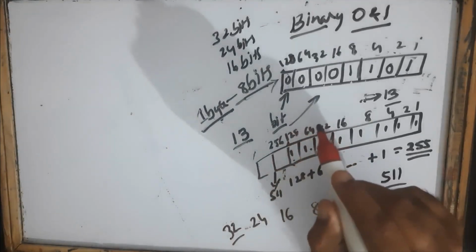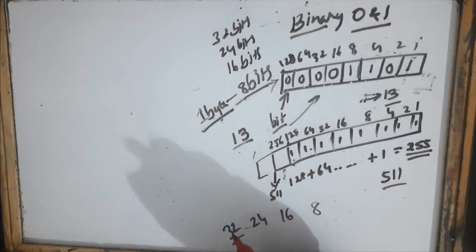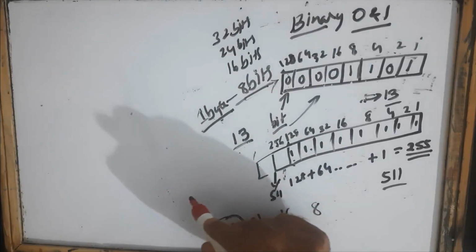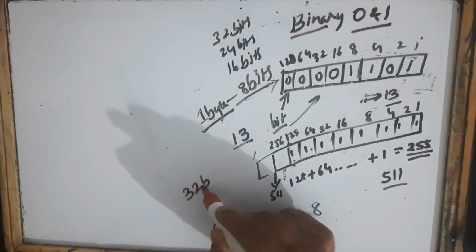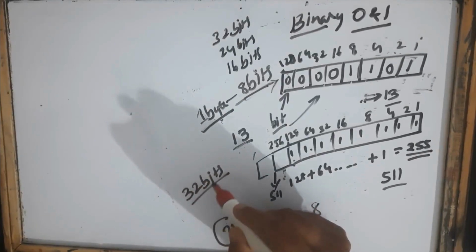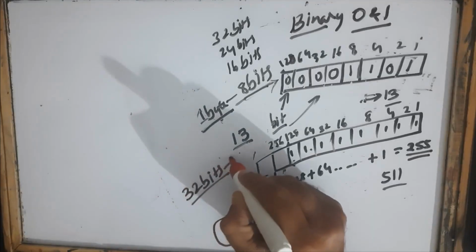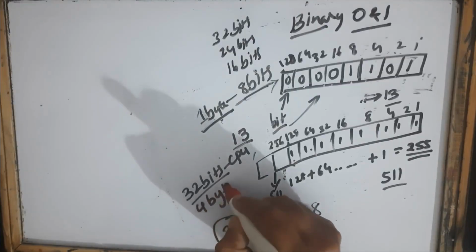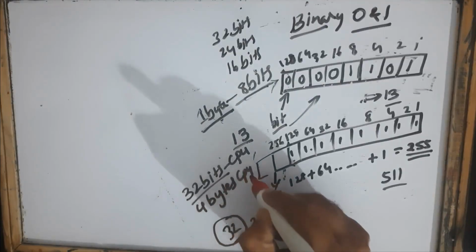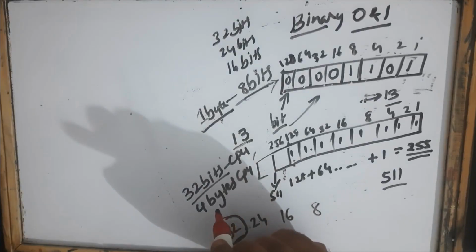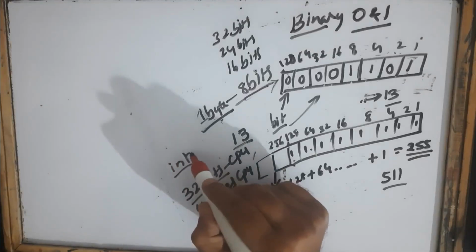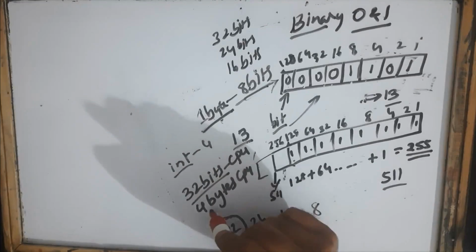Modern compilers and modern CPUs have 32 bit length. Almost all the calculation will happen at the 32 bit level. That means a 32 bit CPU, that means a 4 byte CPU. All the CPU registers, the memory, everything, even the integer, you know the integer is 4 bytes, that means 32 bits.